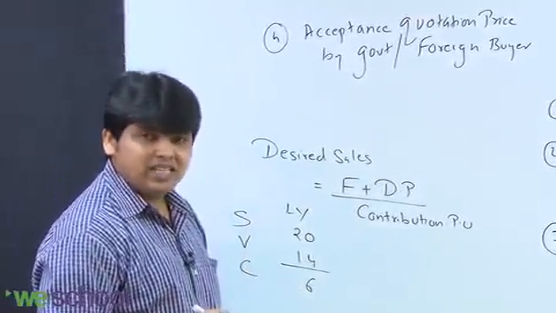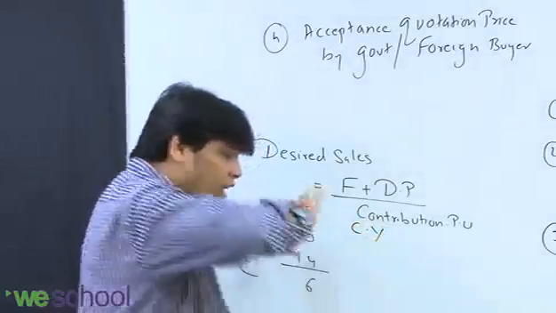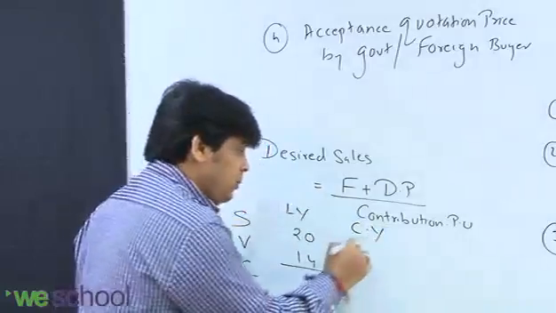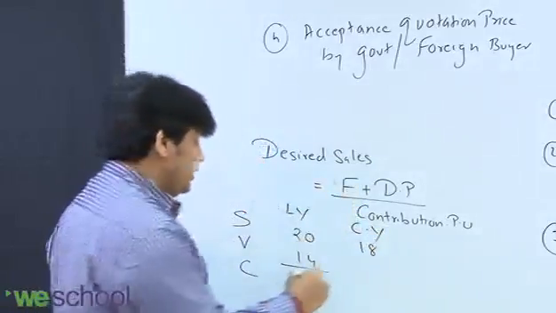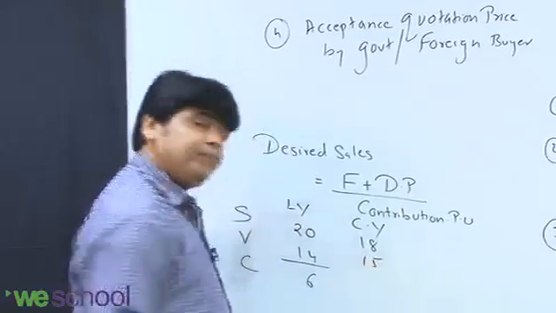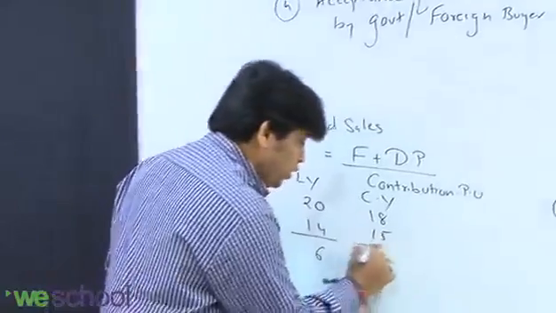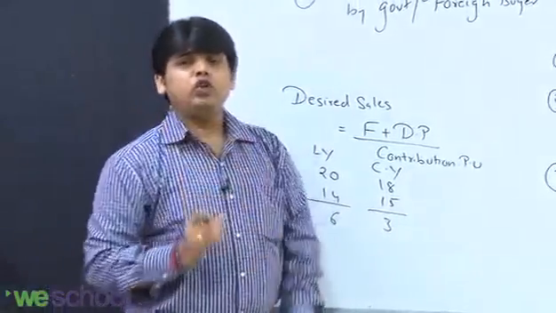Now this year, the current year, there is a fluctuation in the selling price. The selling price reduced to 18 and the variable cost increased to 15. So my new contribution is 3. And last year I earned 50 crores profit.